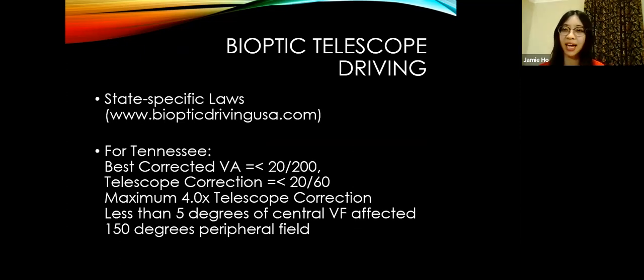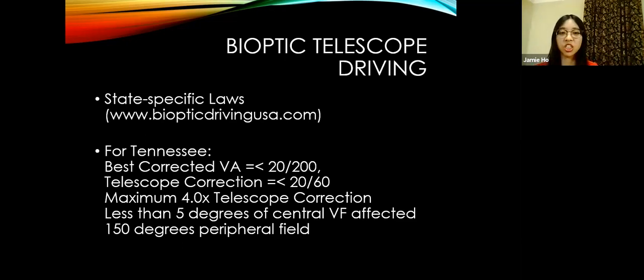So bioptic telescope driving, every state has its own laws that govern this. There's a really good website called biopticdrivingusa.com. I still tell my patients to go to their local DMV if they're planning on moving somewhere, so that we can check out the different requirements. For the state of Tennessee, best corrected acuity in the carrier lens, meaning just best corrected glasses, has to be at least 20/100.